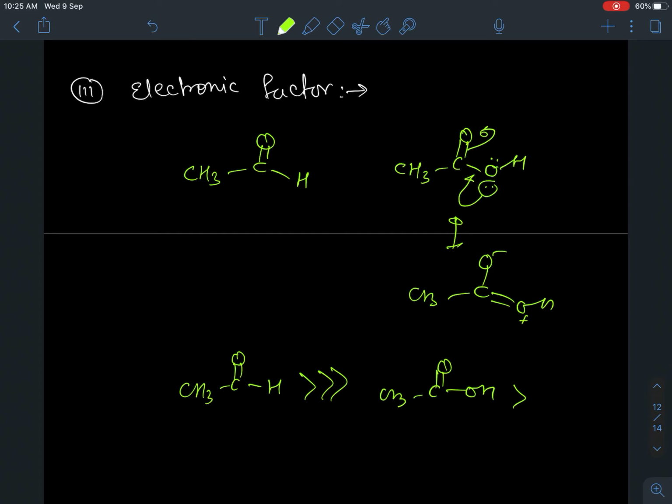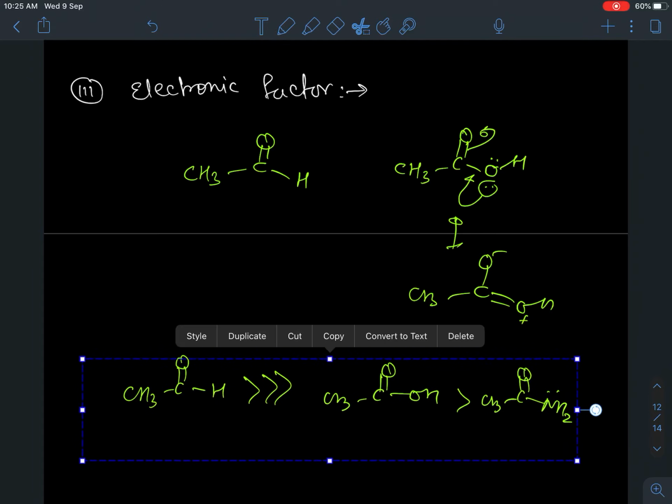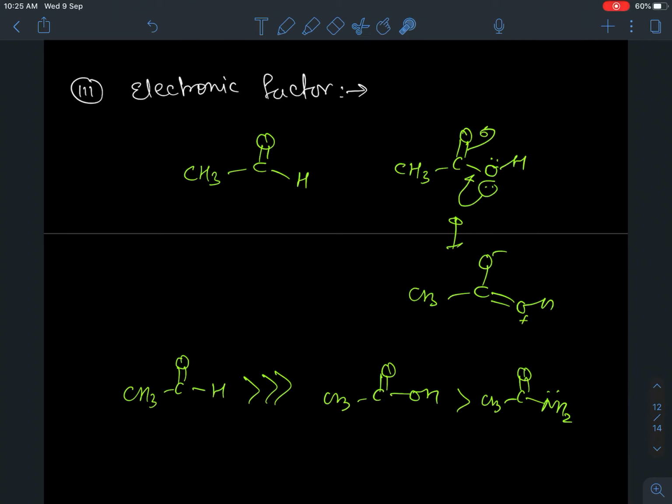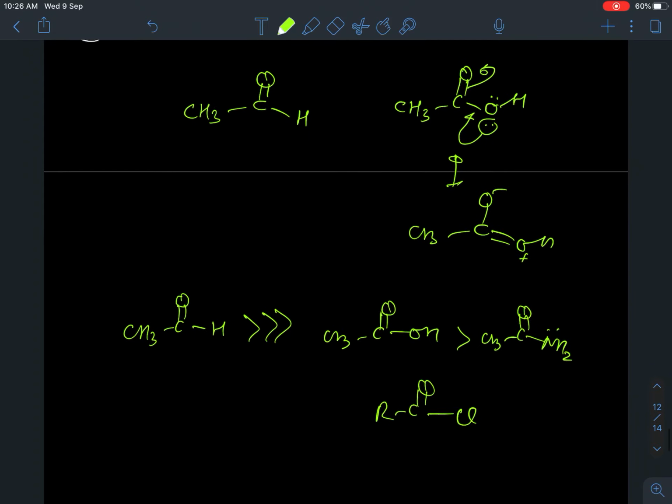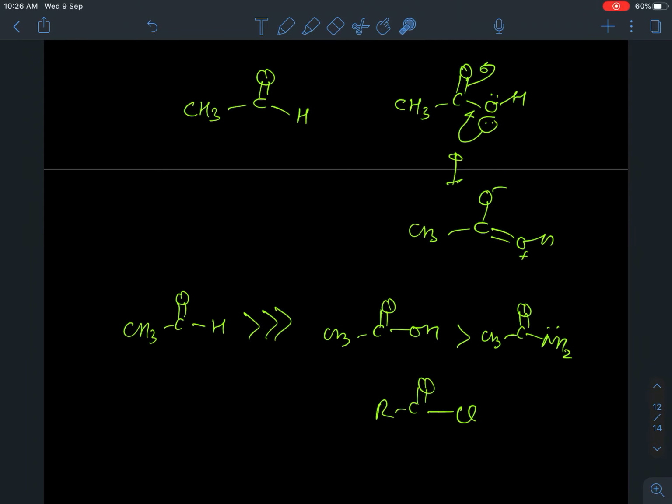And it is relatively better because amide nitrogen can conjugate with C double bond O even better. Now my next question is, what about this RC double bond OCl? What about its reactivity?